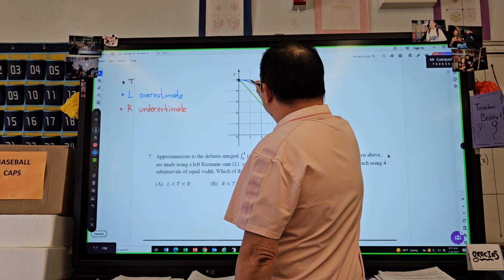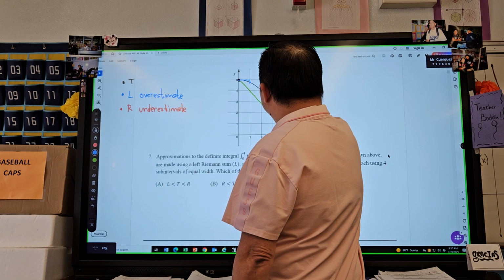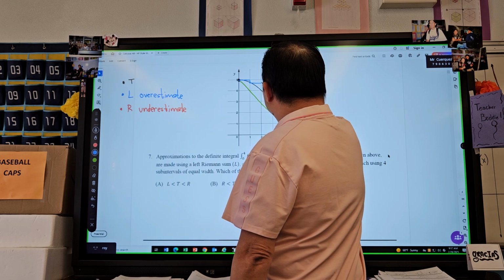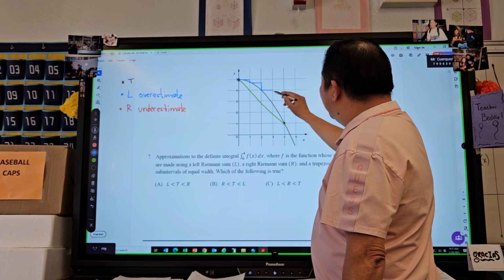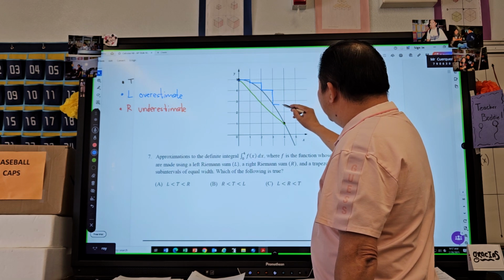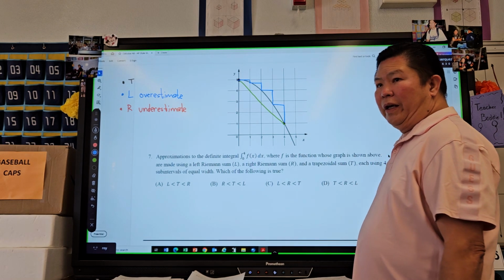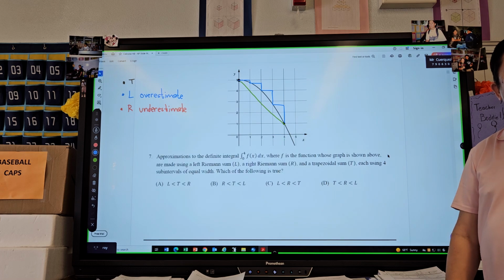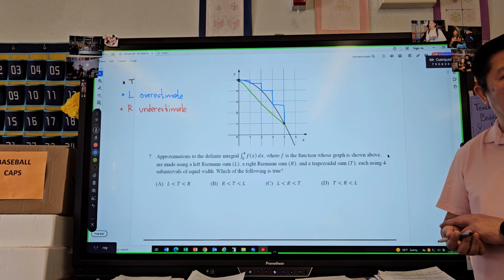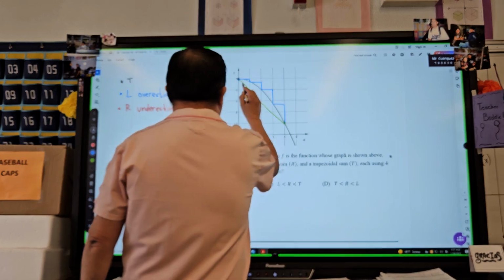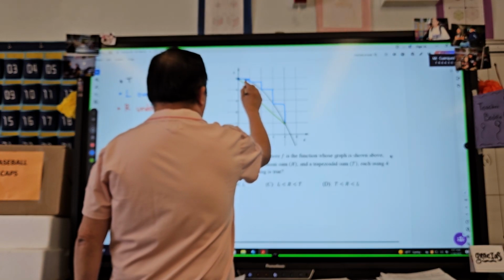And then the next is going to the right. And then going to the right. And then going to the right. Okay. I need you to shade the blue color. The blue color is the left Riemann sum. Okay? So, left Riemann sum.